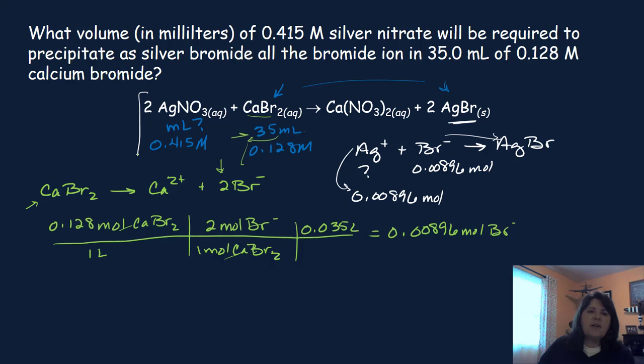Our final part comes from this. How many milliliters of silver nitrate am I going to need to make all of those bromide ions go into the salt? I just found out that I needed 0.00896 moles of the silver to run this reaction.